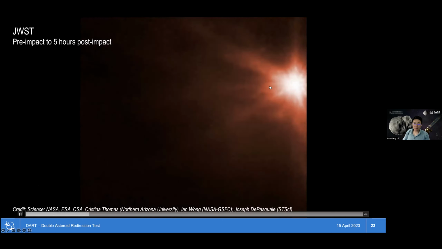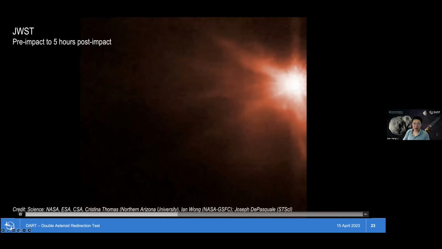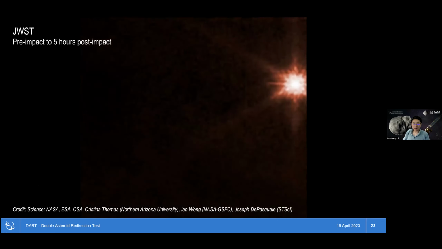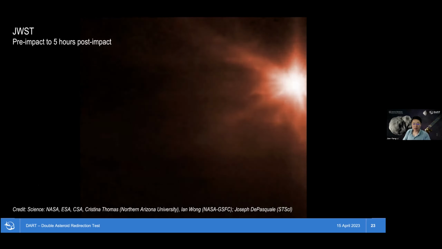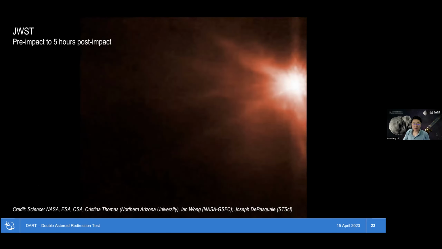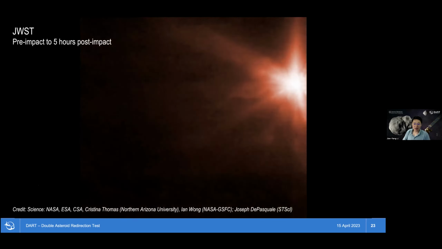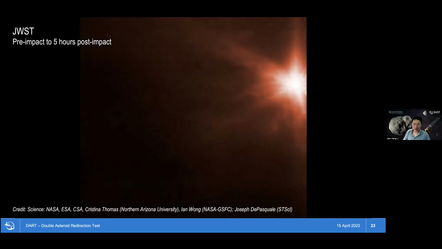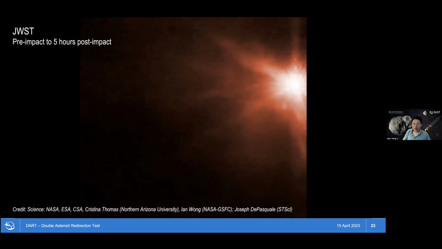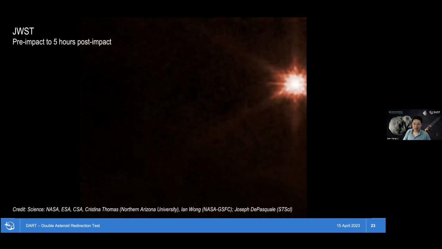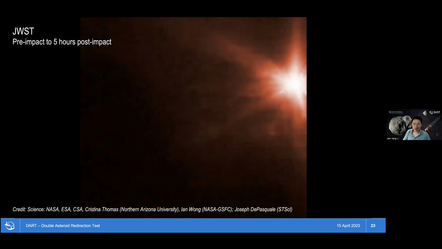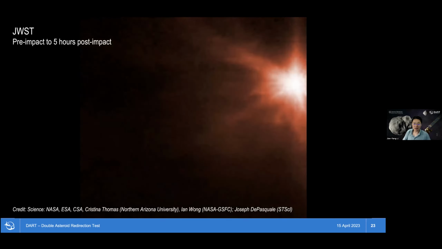These are the slower ejecta observed by the James Webb Space Telescope. In near Earth space, both JWST and Hubble Space Telescope were looking at the ejecta. And this is actually the first time that JWST and the Hubble Space Telescope, the two generations of NASA's great observatories, looked at the same target at the same time. So, a first collaboration for those two telescopes.